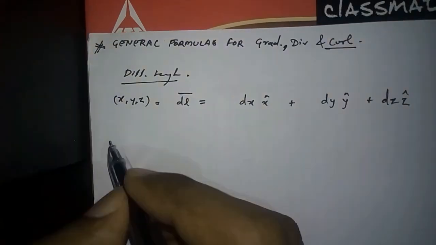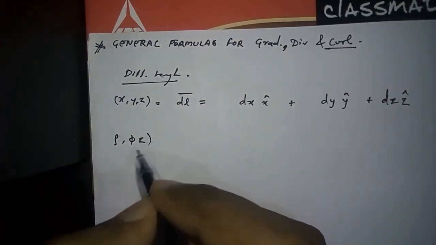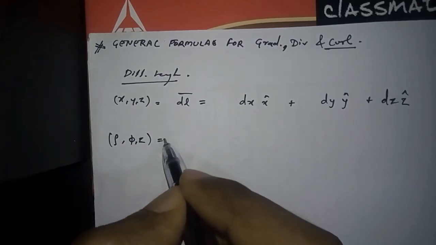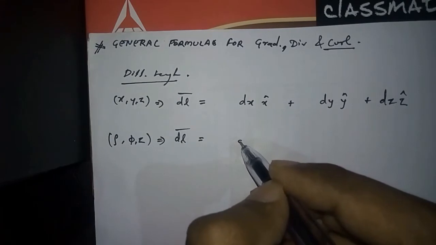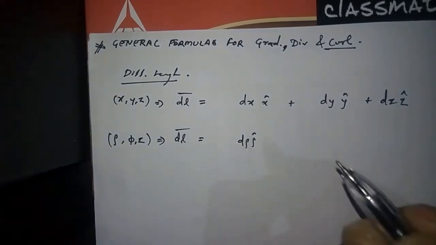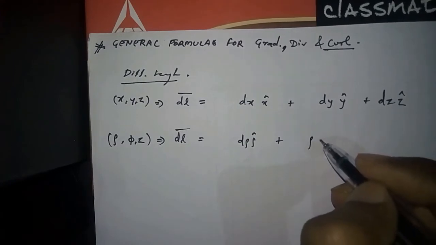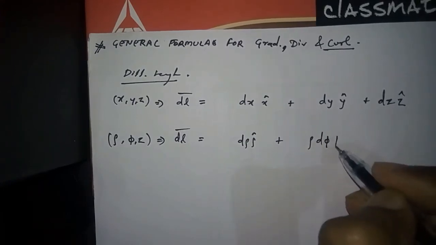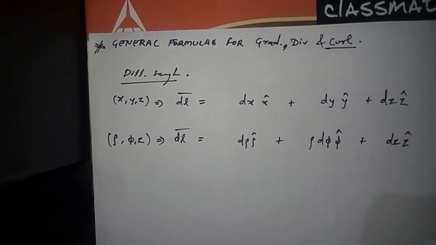Okay, in cylindrical coordinate we have dl as d rho rho cap plus rho d phi phi cap plus dz z cap.